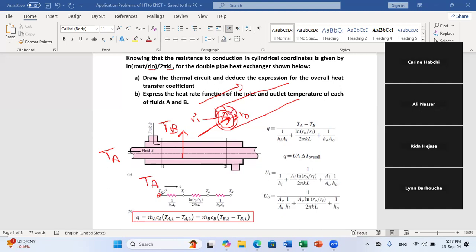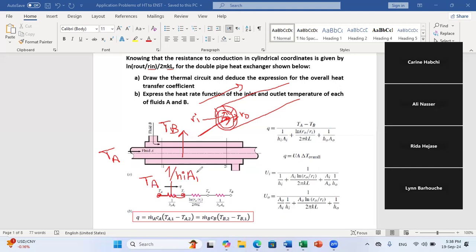So the first resistance that we will consider is resistance to convection, and we have seen together last time that this resistance is of the form 1 over the convective coefficient, here the convection from the inner side, times, of course, the area of the inner side. The area of the inner side is the exchange area.